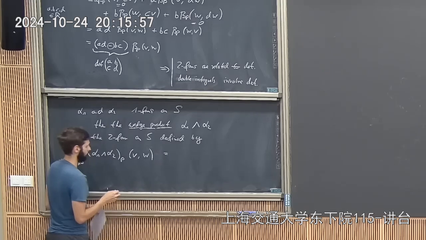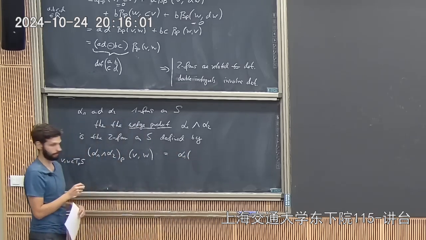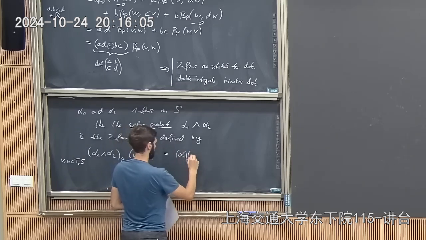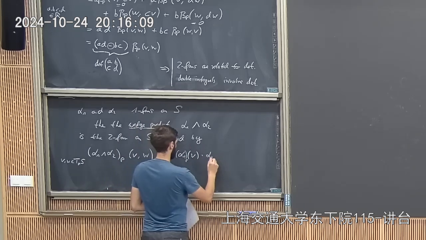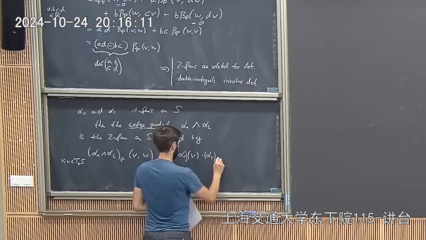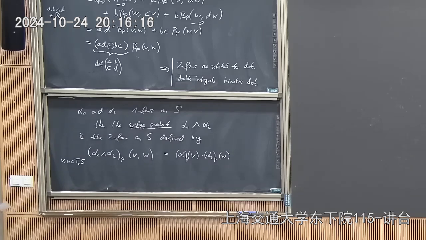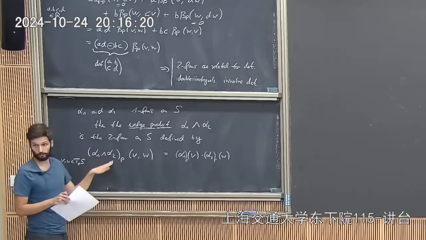Naturally what you expect is that we take alpha 1, that one naturally eats a tangent vector at that point, and then we just multiply it by the number that we get when we plug in W into alpha 2.